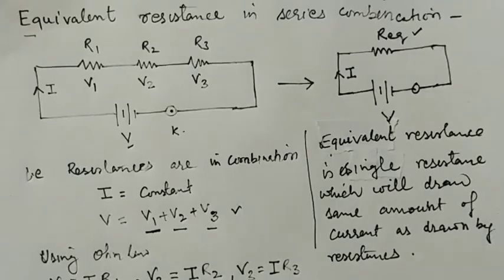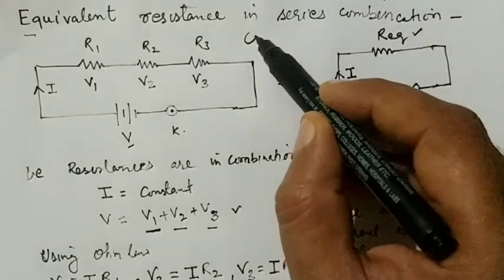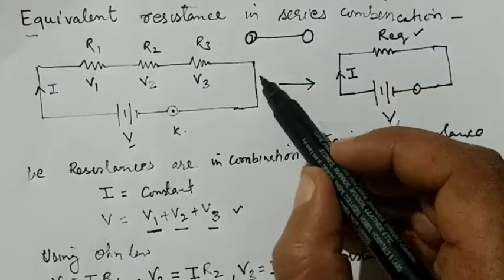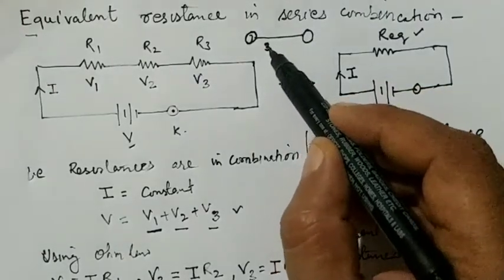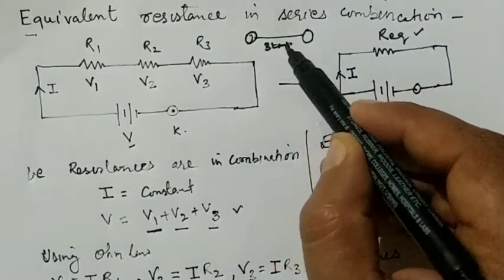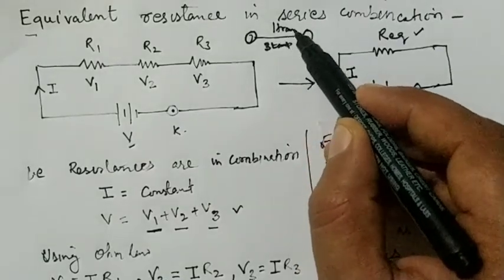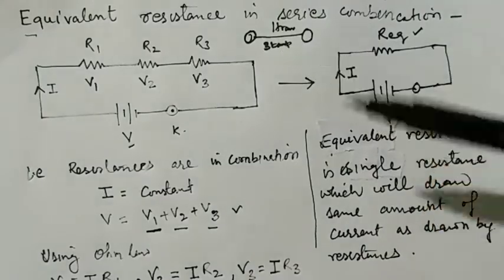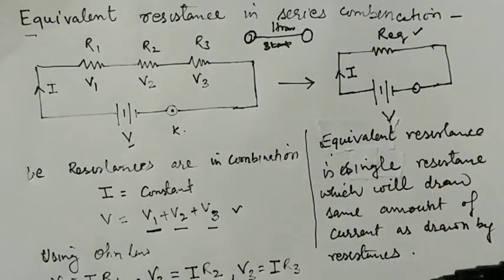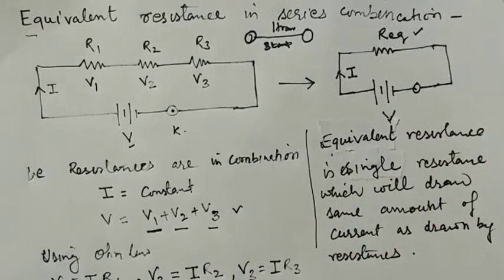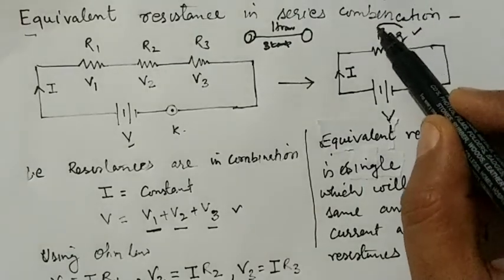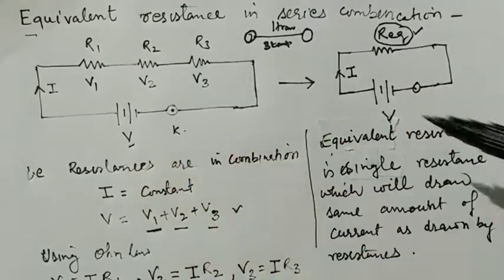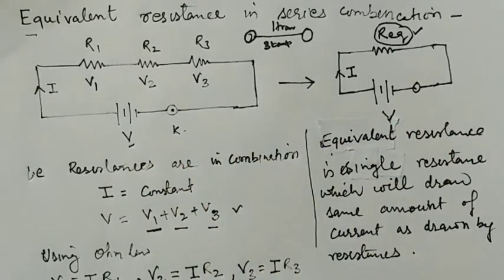For example, suppose I want to carry some goods from this place to this place. This can be done either by 3 tempos or 1 truck. So we can say that 1 truck is equivalent to 3 tempos. Similarly, here also this resistance is equivalent to these 3 resistances in series combination.